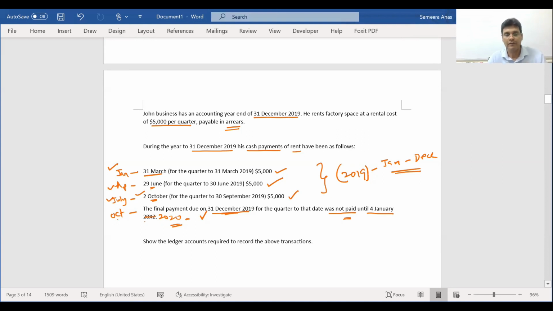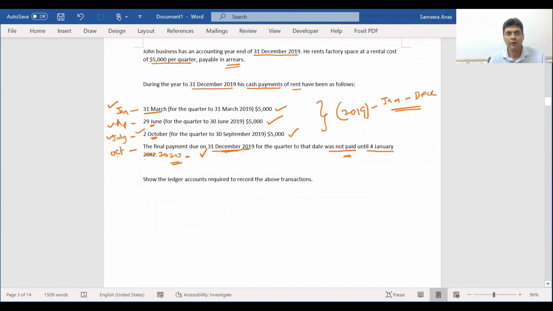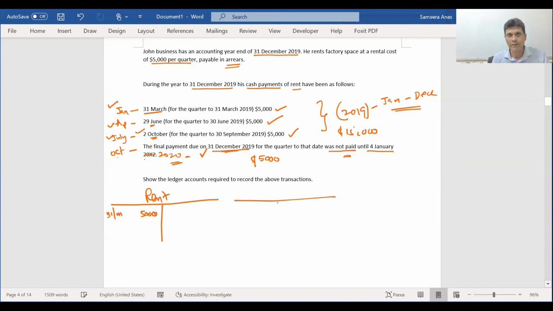So therefore, what are the relevant ledger accounts? How much is the accrued rent? Accrued rent should be 5,000. So 5,000, 5,000, and 5,000 for three quarters paid, 15,000 has been paid. So when you take the rent account, this is the rent account. 31st March, 5,000 paid, and this is the bank account.